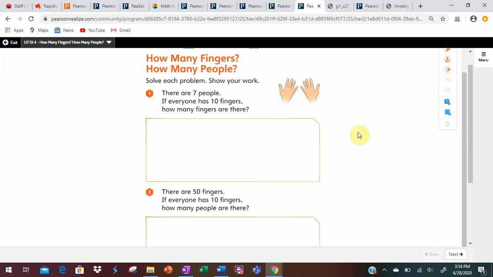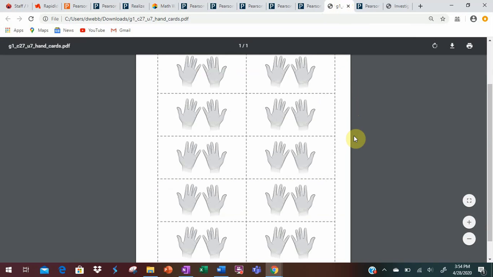Okay, so some of you may already know that, and that is wonderful. You can go ahead and fill it in. Other people may have a little harder time with that, so I have this chart that you can look at. Everybody up here has 10 fingers. So if we count, that would be 10, 1 person. 20, how many people?